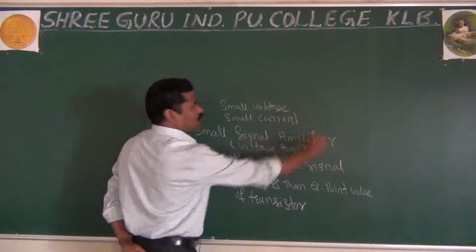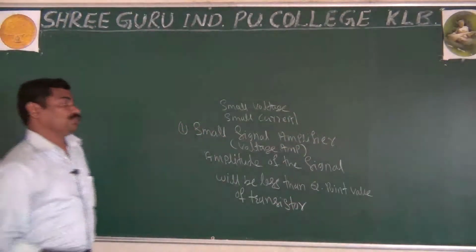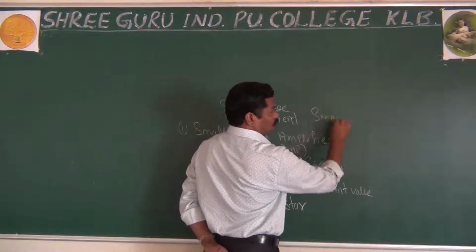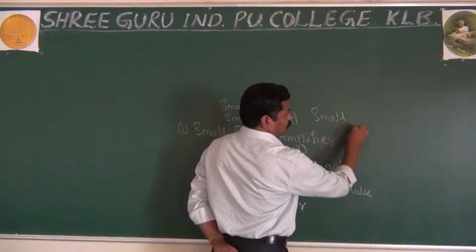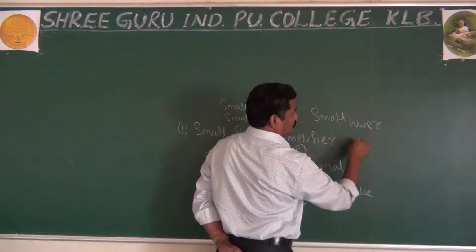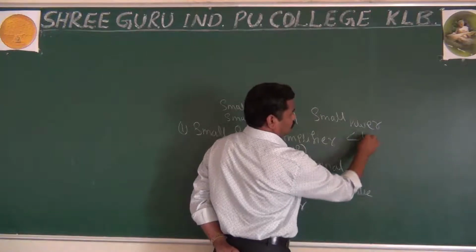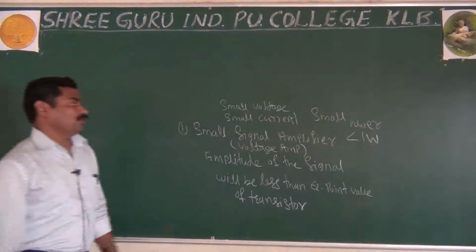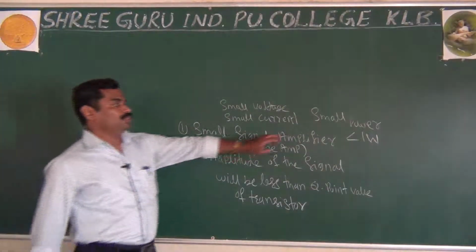Very small voltage, very small current. That's why we are having a very small power, especially nearly less than 1 watt. In your small signal amplifiers, the power is very small.